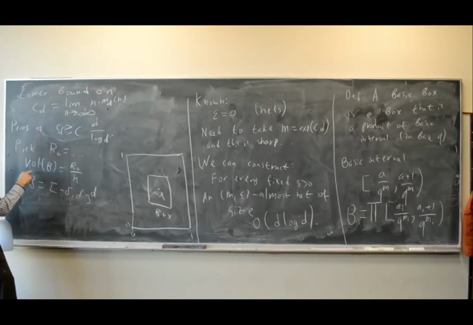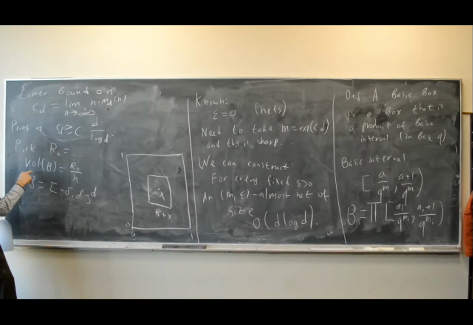So I'm also going to look at B0, which is inside B, whose volume is going to be 1/2 over N. So R0 will be large, it will go to infinity, whereas this is actually fairly small.